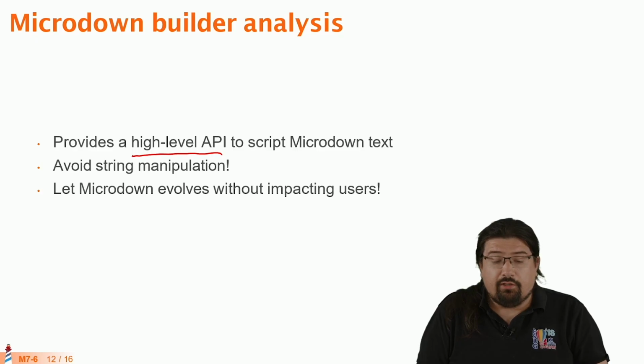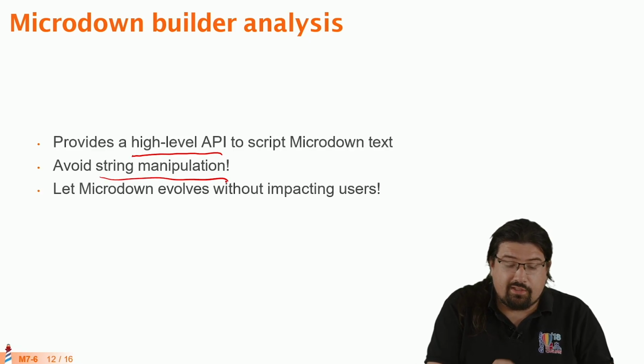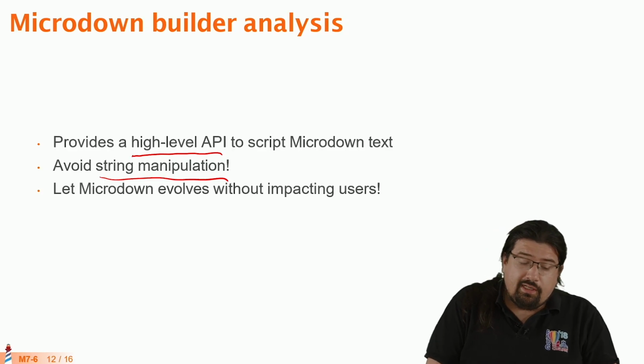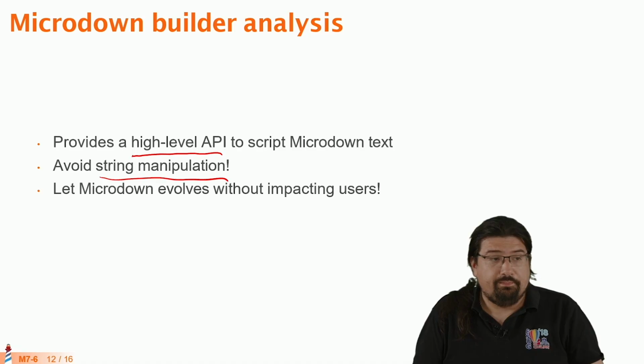In the case of the Microdown builder, the high-level API encapsulates all the complexity of Microdown itself. The users use it directly without needing any extreme manipulation, and talk in the terms implemented by Microdown. Also, how Microdown is implemented inside is completely transparent to the user. The user only talks to the high-level API.